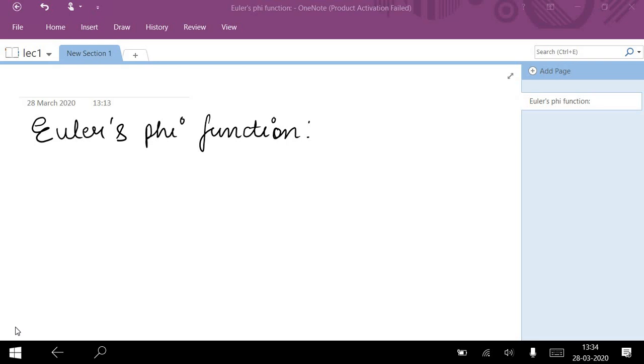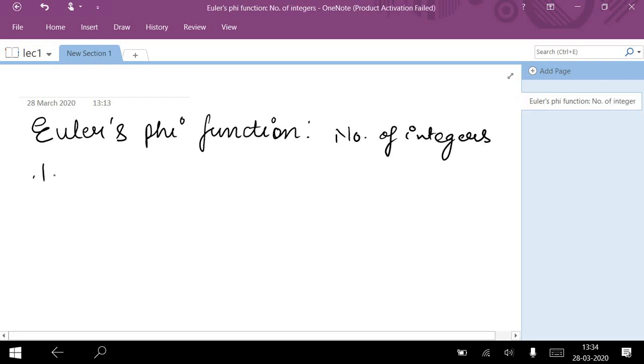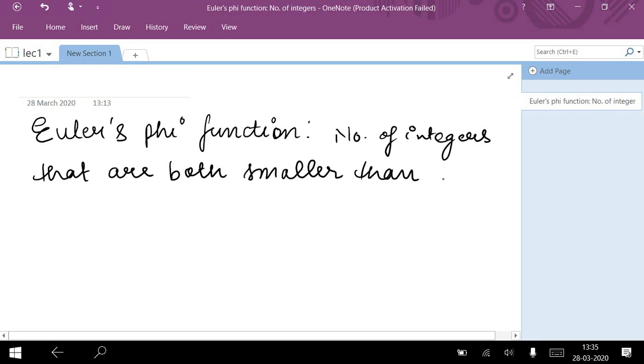In the Euler's phi function, the function finds the number of integers that are both smaller than n and co-prime to n, meaning relatively prime to a number n.